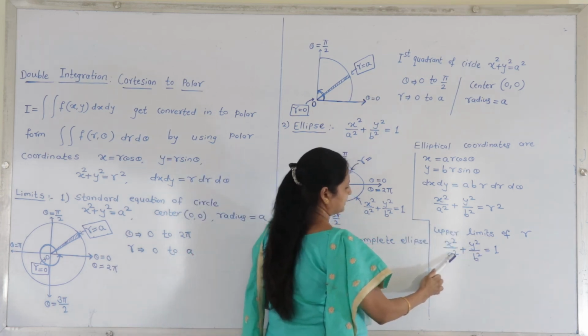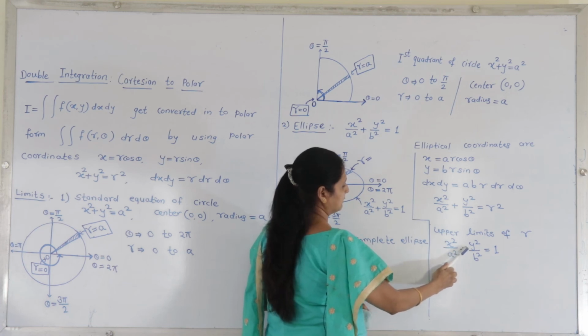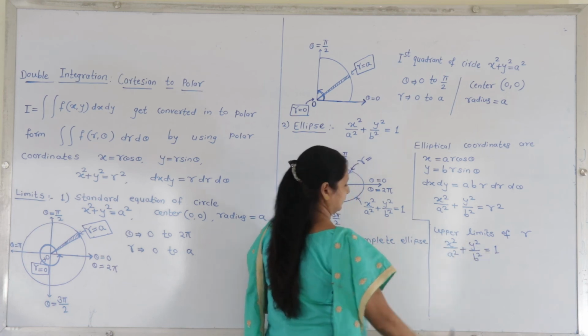The equation of the ellipse is x square upon a square plus y square upon b square is equal to 1.